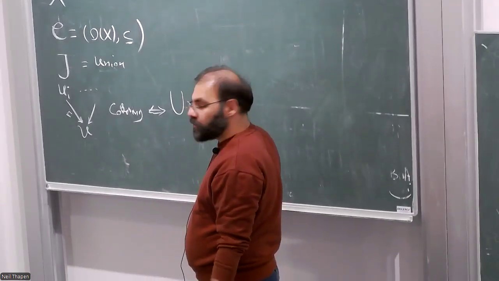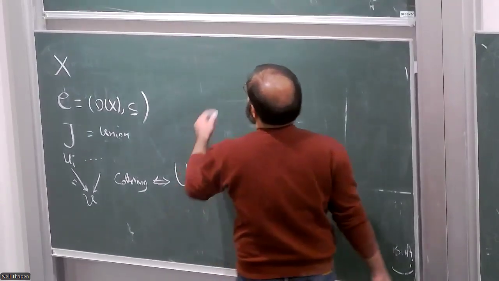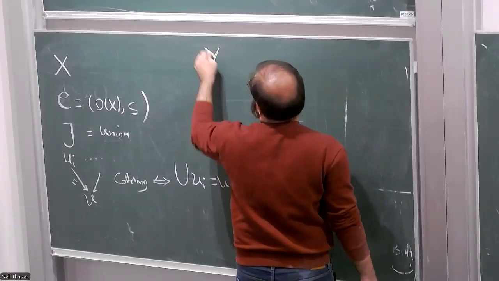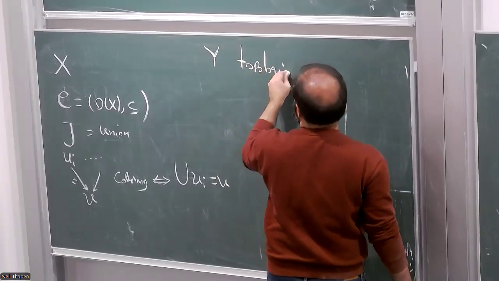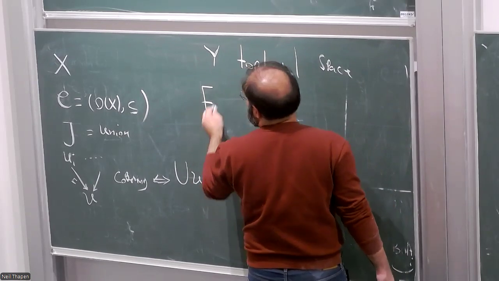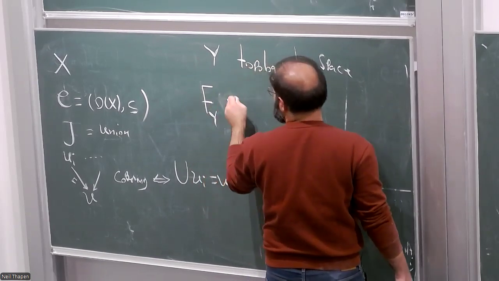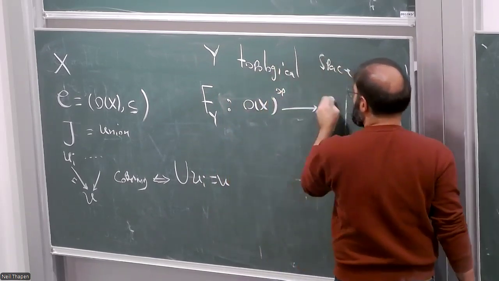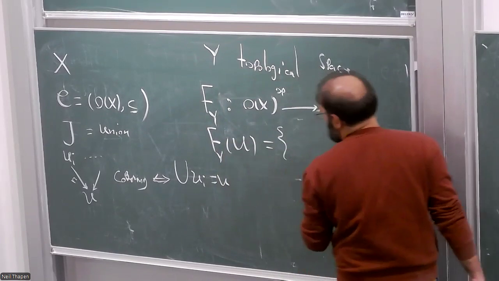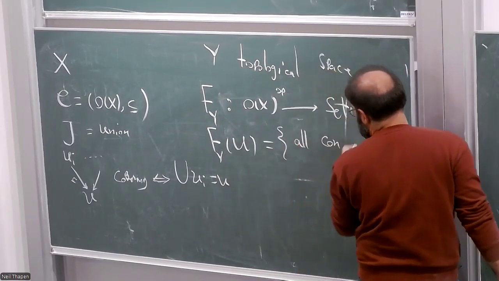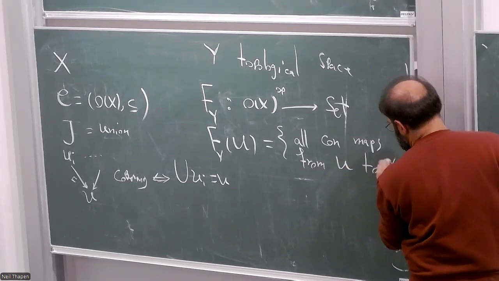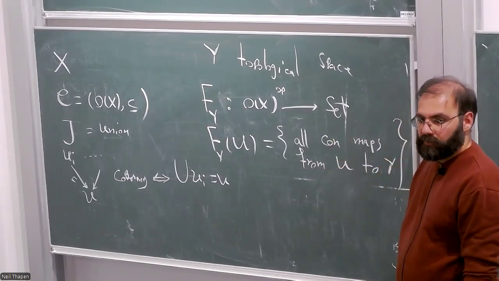And now I have to introduce one sheaf. The general example, this is not the most general one, but good enough: pick another topological space Y. And then define F_Y on O(X) opposite to Set, and define F_Y of an open U as all continuous maps from U to Y. That is a sheaf.